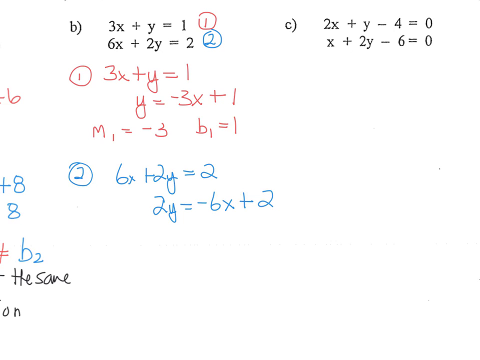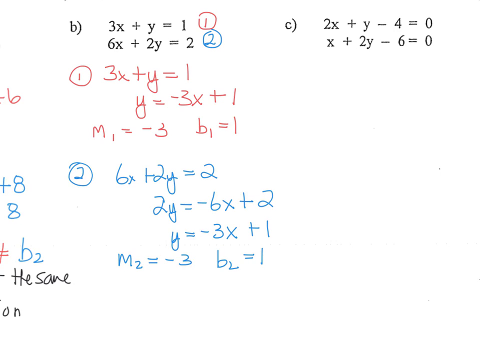Divide out the 2, negative 3x plus 1. Now we have that m2 is equal to negative 3. Should be equals, not equal to. And b2 is equal to 1.